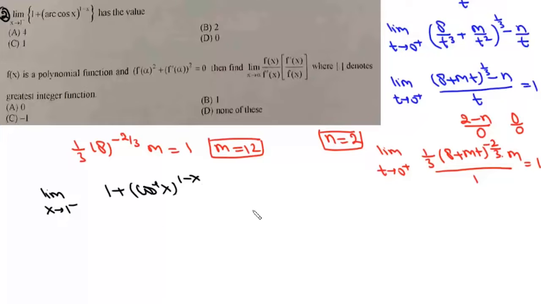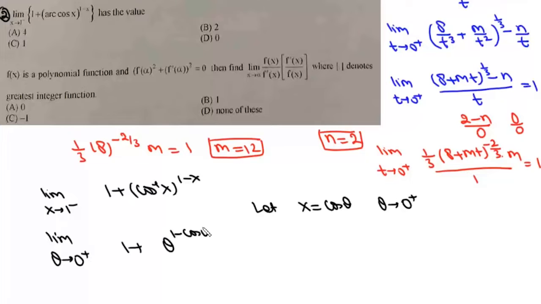Now in this, what we'll do is let x as cos theta. When x is 1, theta is 0. So from here we can say theta tends to 0 positive. So we can write this limit as limit theta tends to 0 positive of (1 plus theta) to the power 1 minus cos theta. Now this base is 1 and the exponent is 0, so it is the 1 to the power infinity form.